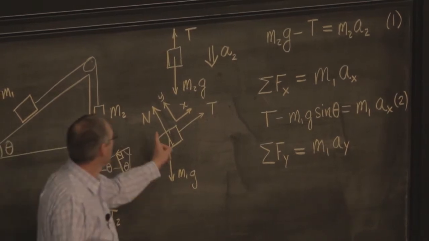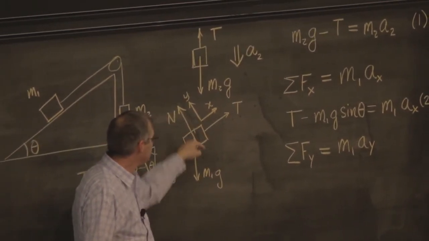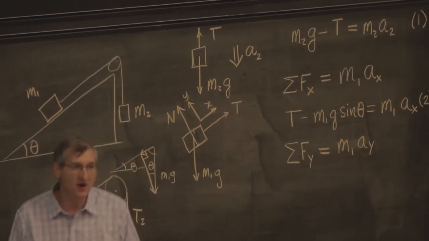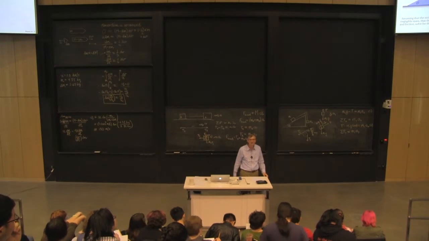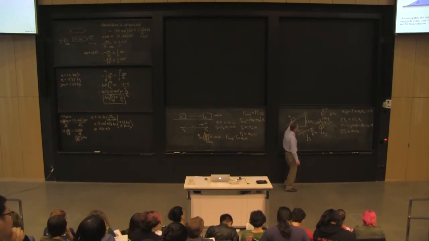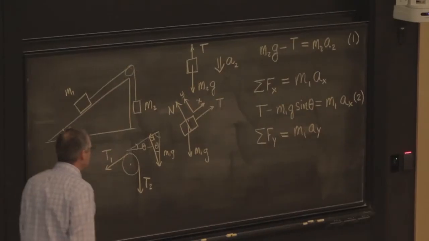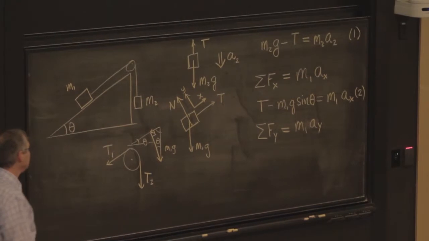Yeah, I would learn how much normal force needs to be in place to counteract the component of gravity that is perpendicular to the plane. So it won't affect the motion. So I don't, strictly speaking, need to worry about it.